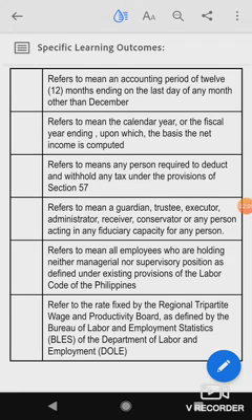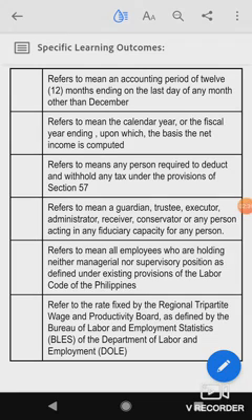And the fourth refers to a guardian, trustee, executor, administrator, receiver, conservator, any person acting in any fiduciary capacity for any person. The fifth refers to any employees who are holding neither managerial nor supervisory position as defined under existing provisions of the Labor Code of the Philippines.